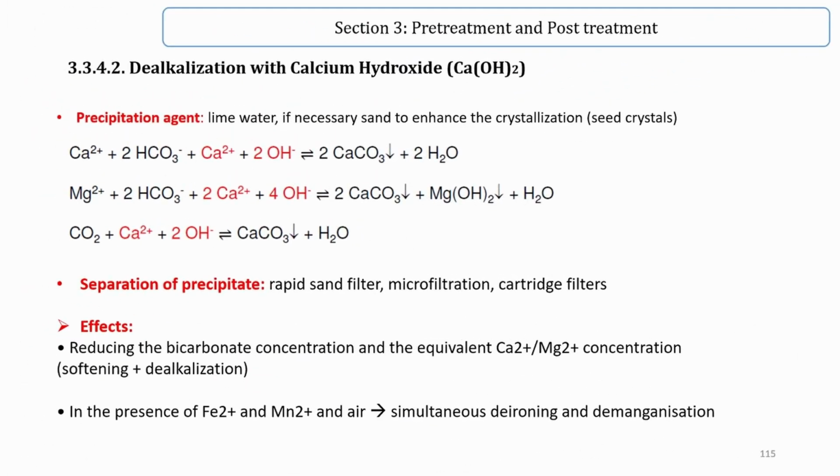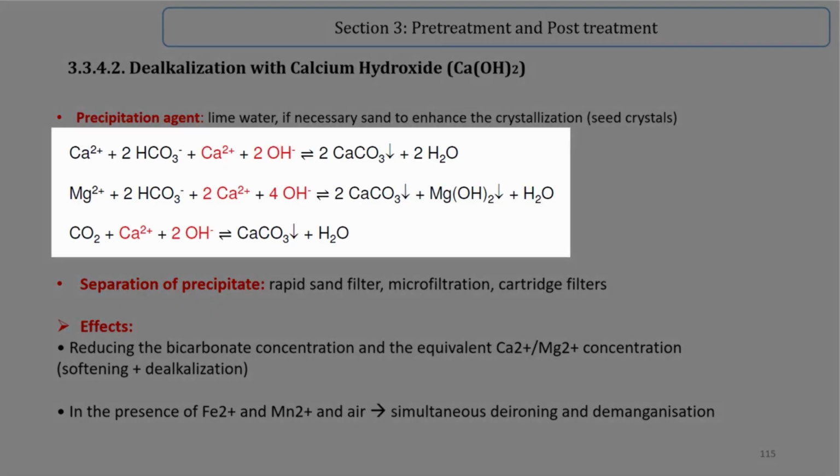Dealkalization with calcium hydroxide. As you can see in this equilibrium, it removes total hardness, including calcium and magnesium, and also temporary hardness as carbonate and bicarbonate.